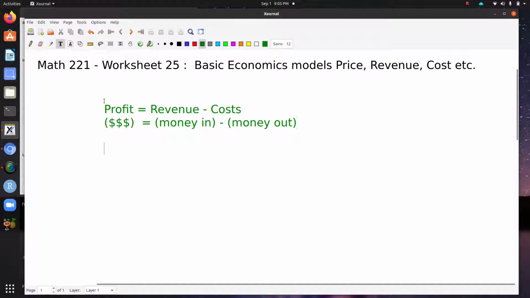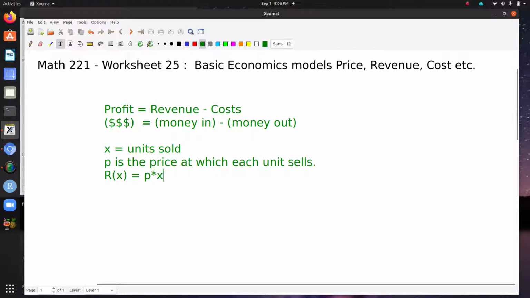Another thing is x is the number of units sold in these questions, and p, little p, is the price at which each unit sells. Okay, so this should probably be return. So usually what you get is revenue R(x) is equal to p times x.